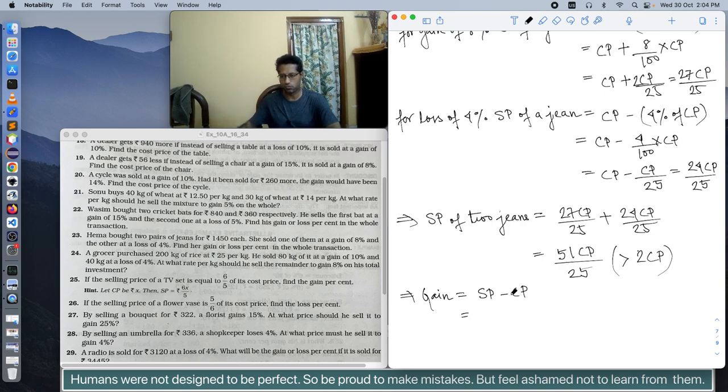The selling price of the two jeans is 51 CP by 25, and the cost price of the two jeans is 2 CP. It might look weird that in SP minus CP we are writing CP again as 2 CP. Actually this CP is the cost price of the two jeans, and this CP is the cost price of a single jeans.